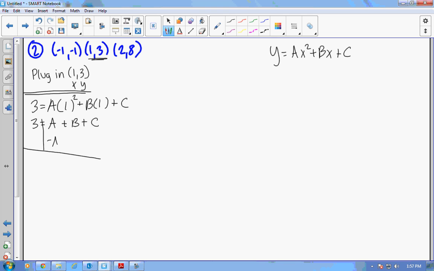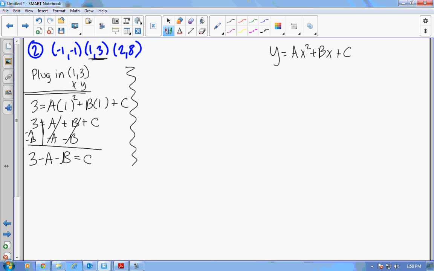Minus a minus b, both sides. So don't forget about the 3 though. 3 minus a minus b equals c. And we will use that at the very, very end, and whenever we plug it into the next 2 steps as well. Okay? So first point done.